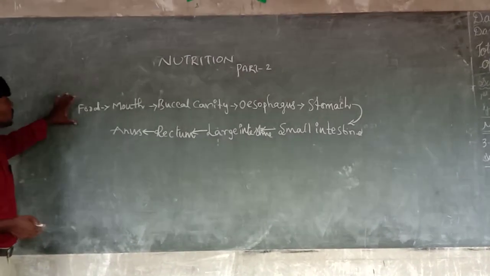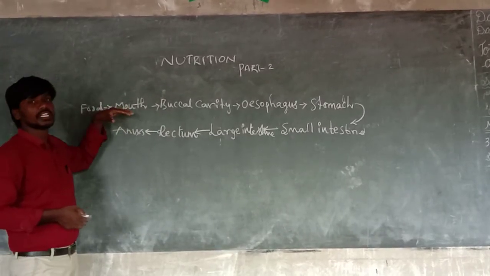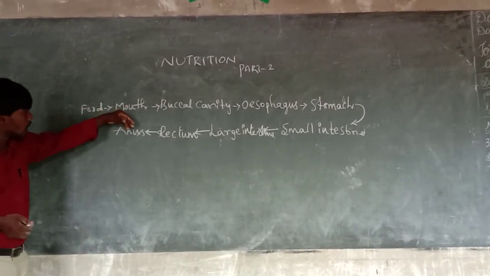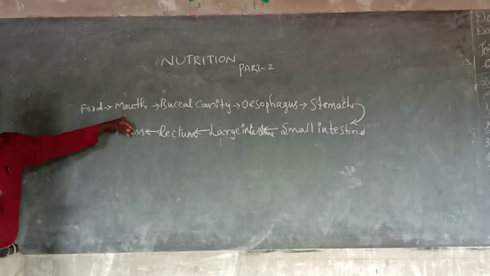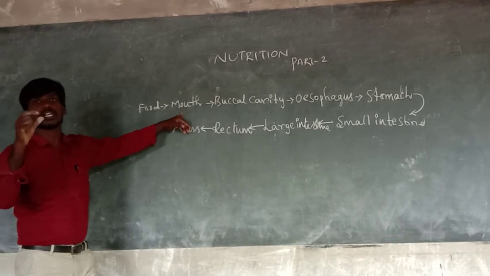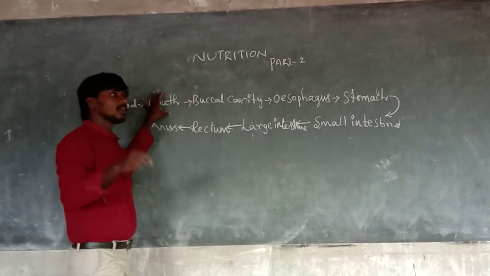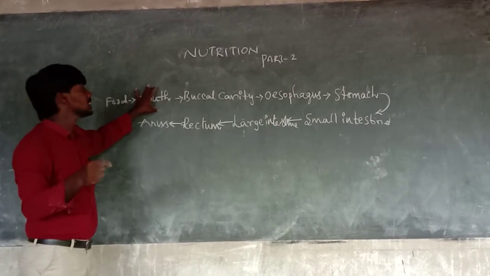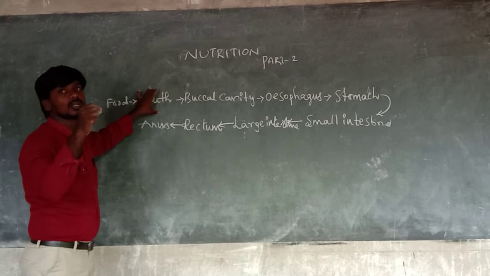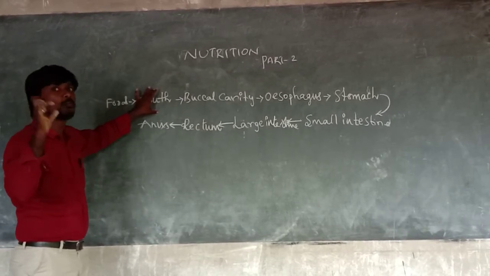First, we take the food material and it enters the mouth. In the mouth, half of the digestion is completed by the teeth and the enzyme amylase or ptyalin. After the teeth work on the food, it becomes very small particles, the chyme. The chyme is very smooth, in a round shape, called a bolus.